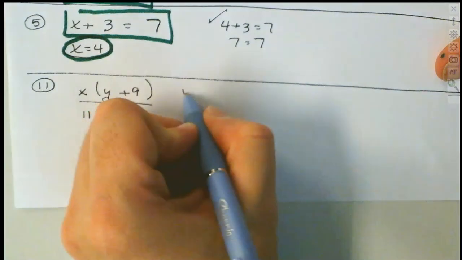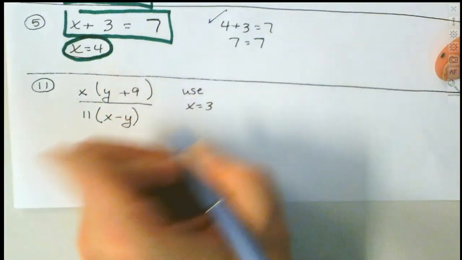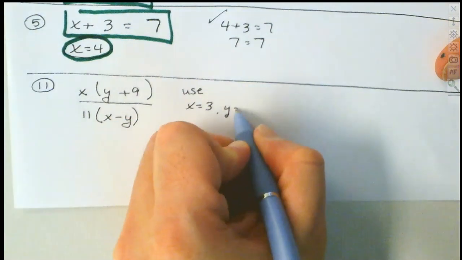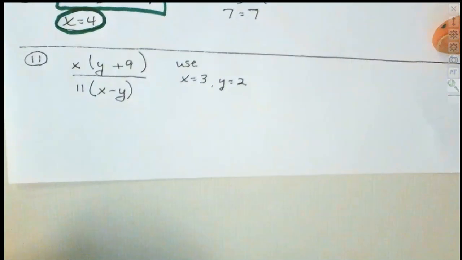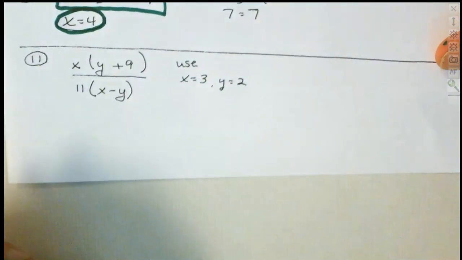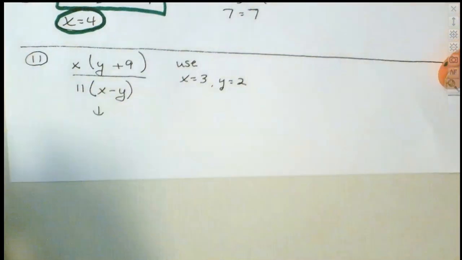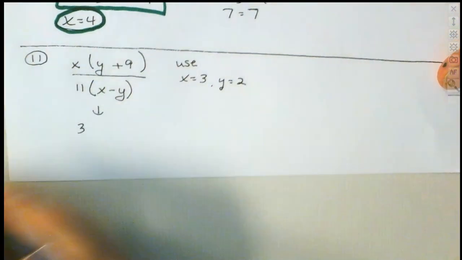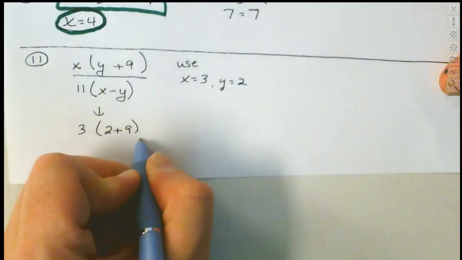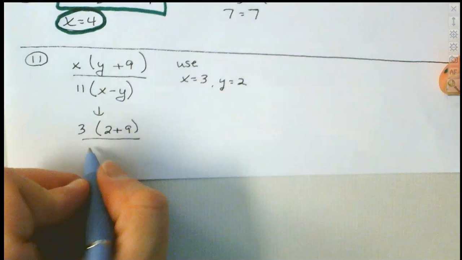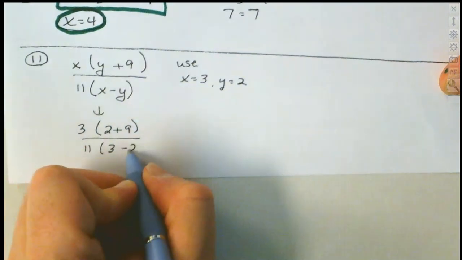We're going to be using x equals 3 in this case, and y equals 2. So we're taking what we've got, and we're going to plug in our new values. So if I plug in my new values, what does that give me now? If I plug them in, that gives me 3 times (2 plus 9) over 11 times (3 minus 2).